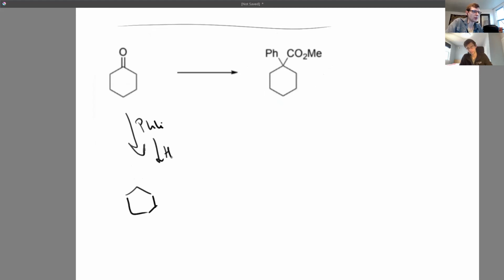Let's do an aqueous workup afterwards. And then let's do this phenyl. And then so we have our alcohol now. Can we use that as a leaving group to add on a bromine?